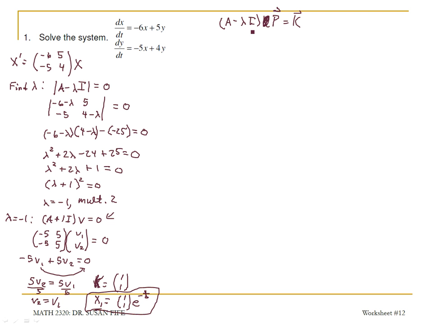You can look in the textbook and determine how that comes about. Anyway, let's go ahead and solve it. A minus lambda I times p is equal to k.